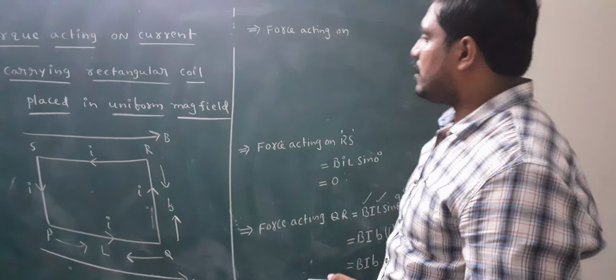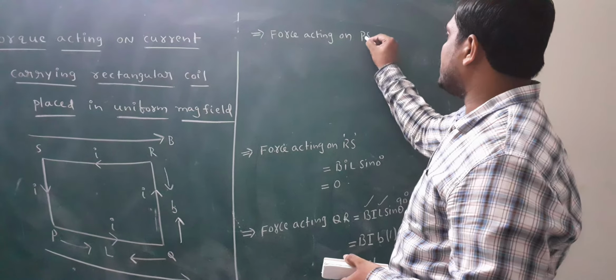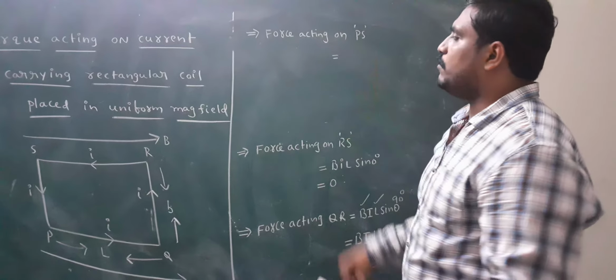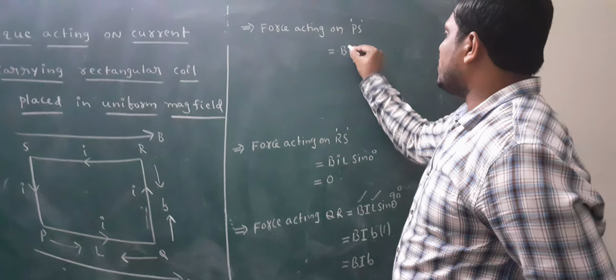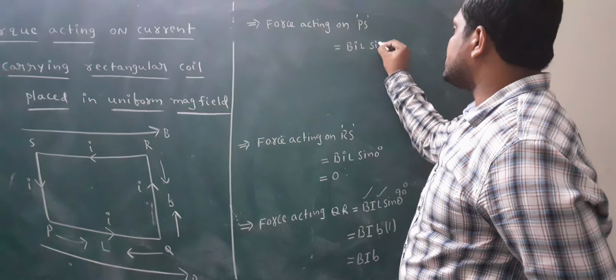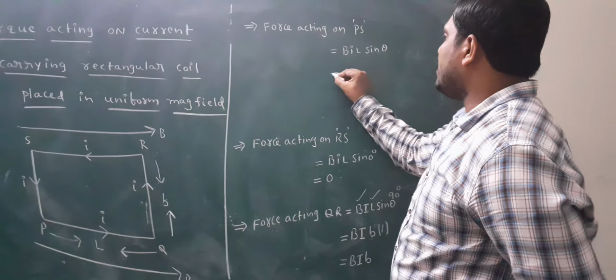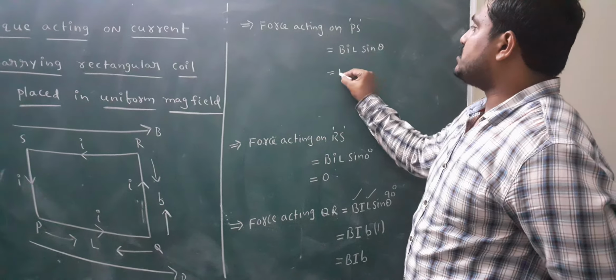Force acting on PS. The force formula is B I L sin theta. B means B, I means I. What is the length of PS? This is a rectangle, so the length of PS is B. Here L and B angle is theta.